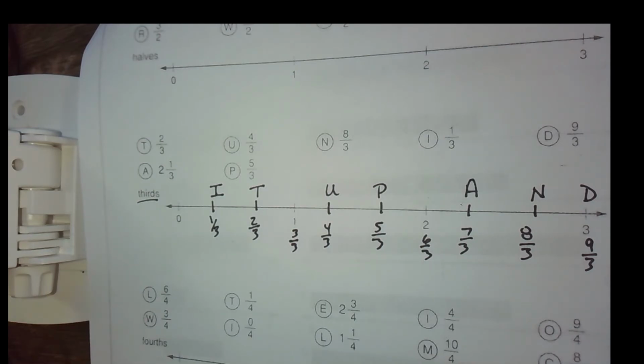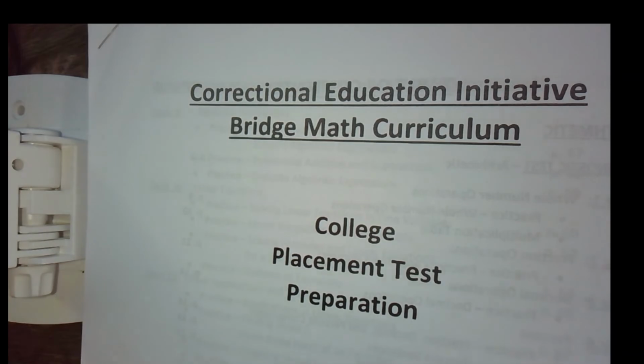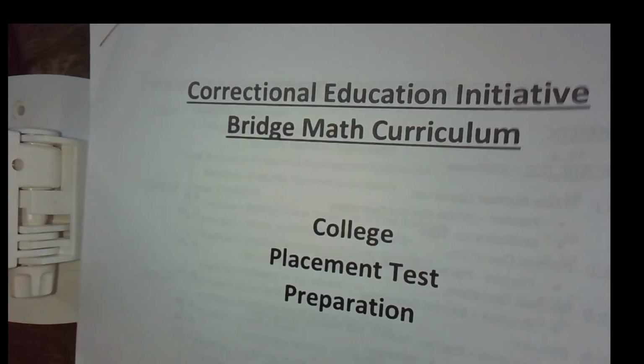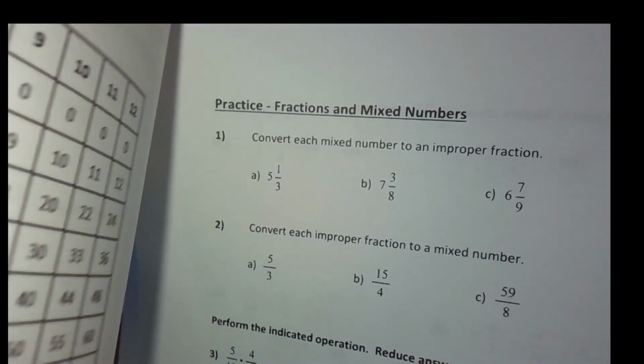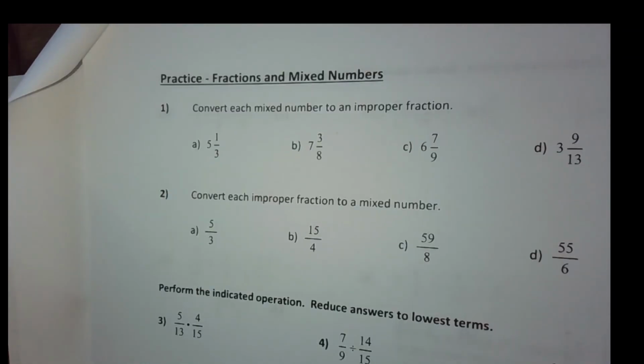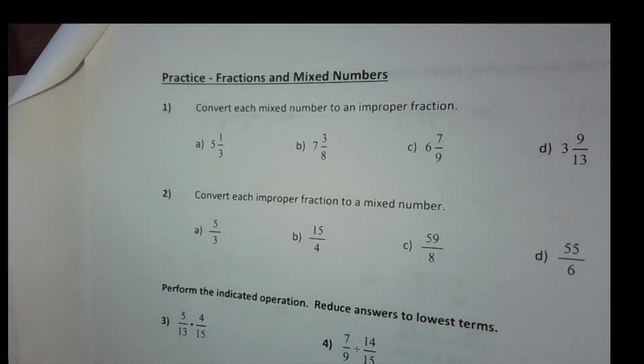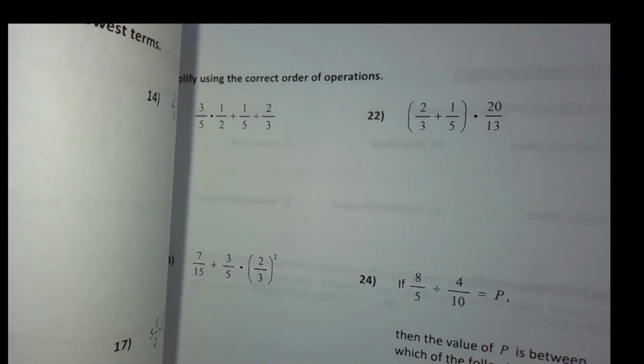And also, then I want you to go to your CEI workbook. Let me get mine out here. Your CEI workbook. And then now you'll have some fractions to do here. So in the CEI workbook, you're going to do page 11. So this is page 11, 12 and 13.